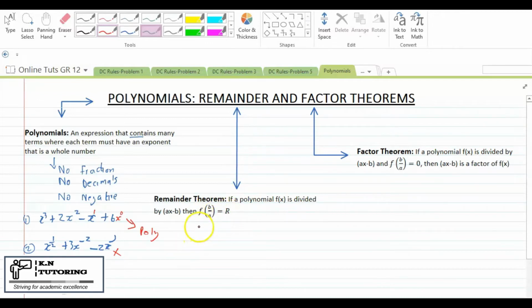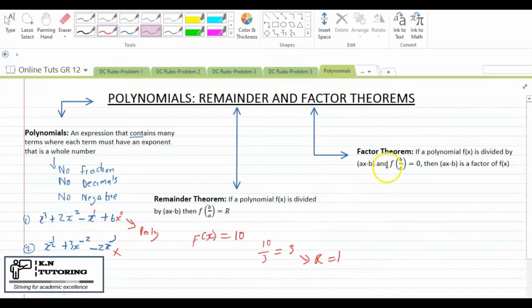Now, this basically means that if I give you f of x is equal to 10, and I say divide this by 3, you will say, okay, 10 divided by 3 is 3, 6, 9, and the remainder will be 1. Basically, in simple terms, the remainder theorem says that if you take a number and divide it by another number, you will get a remainder.